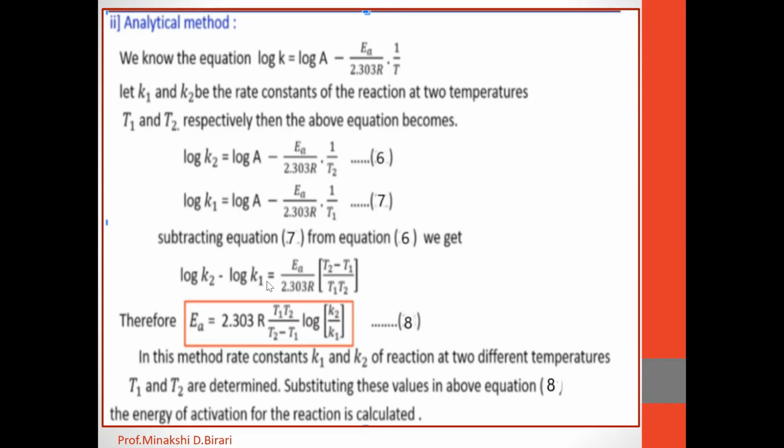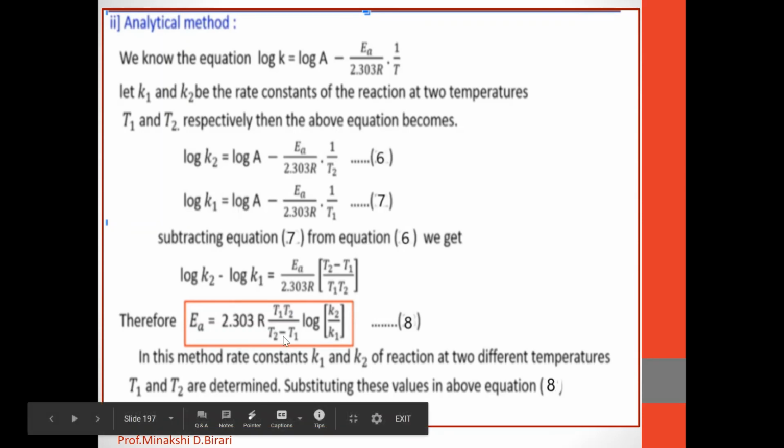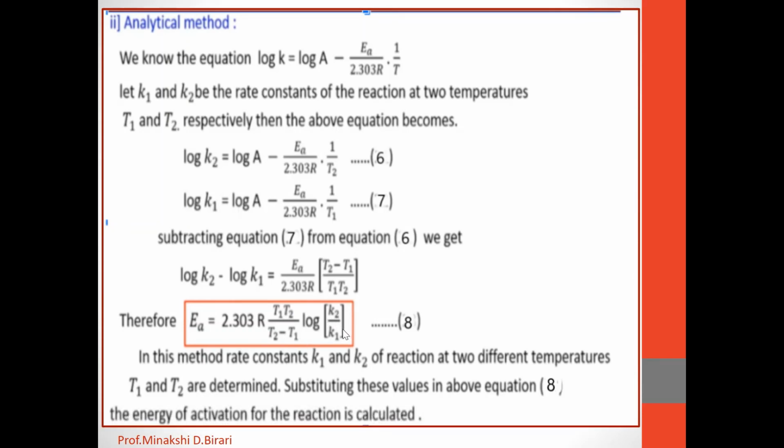K1 and K2 are the rate constants and T1 and T2 two temperatures respectively. Therefore, to calculate the energy of activation EA, we can write EA is equal to 2.303 R into T1 into T2 divided by T2 minus T1, log of K2 divided by K1.